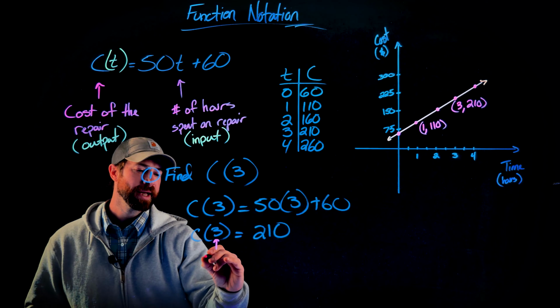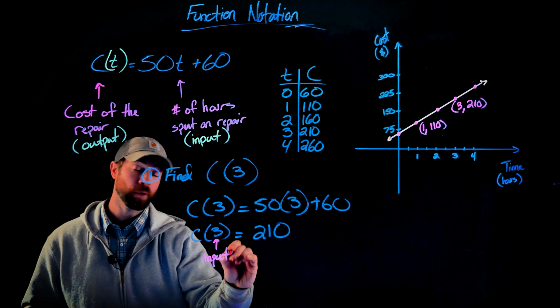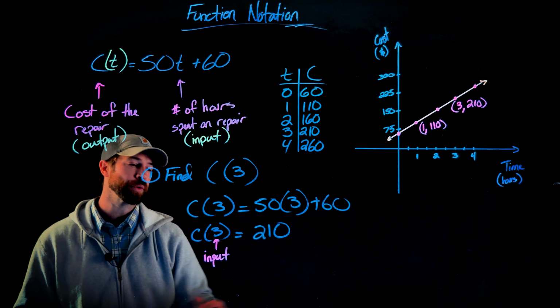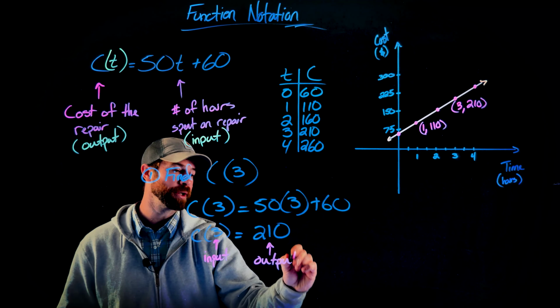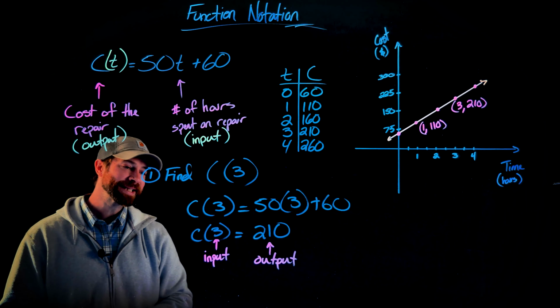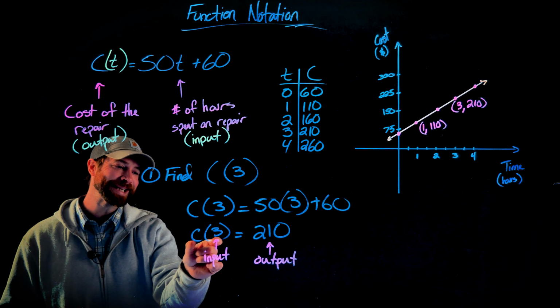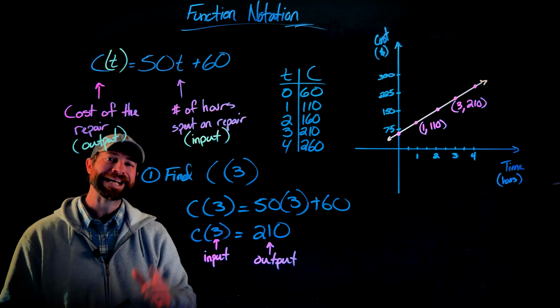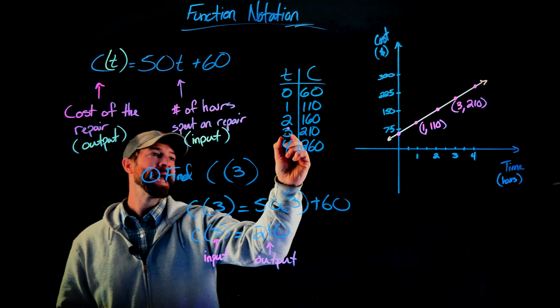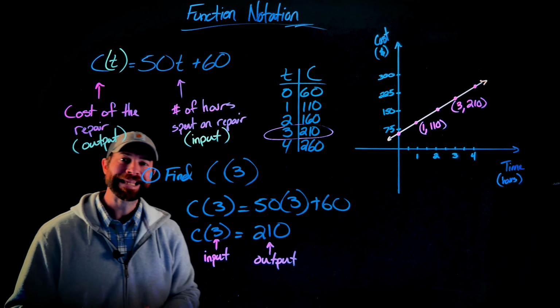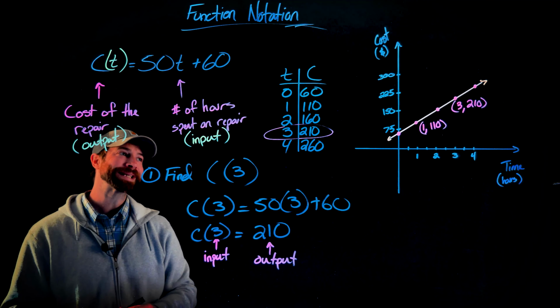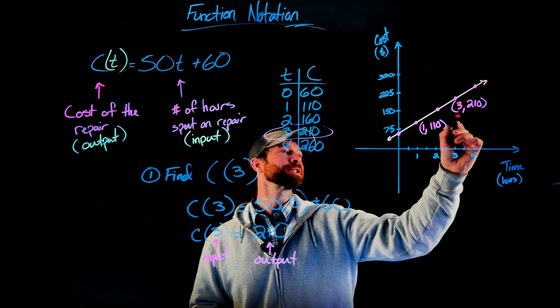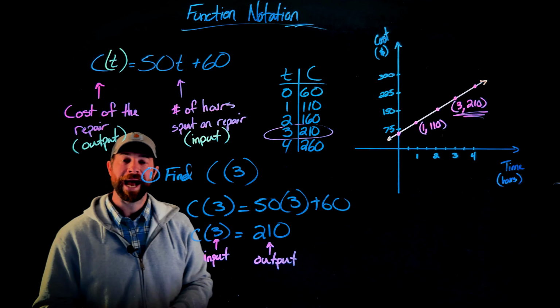This means if we input for t a value of 3, we get 210 as an output. This statement right here as it sits, c of 3 equals 210, is exactly the same thing as this line in the table of values. And it's also exactly the same as this point on the graph.